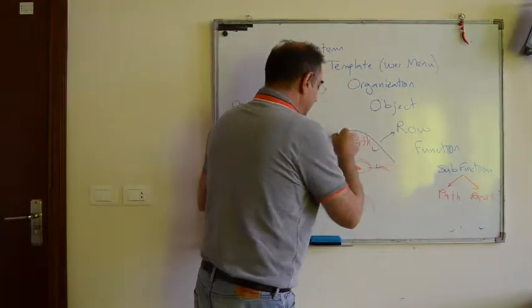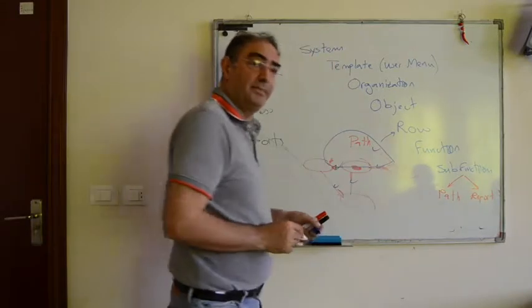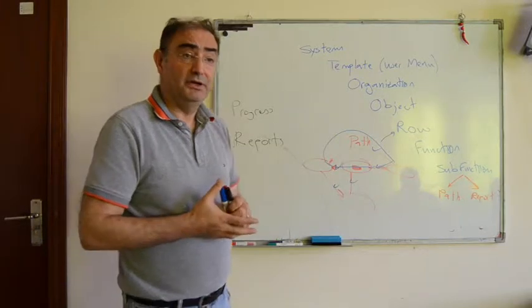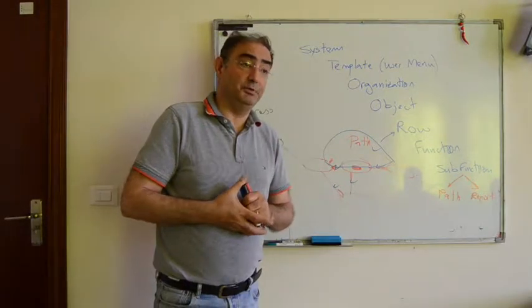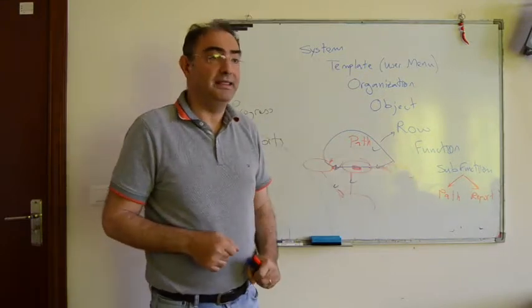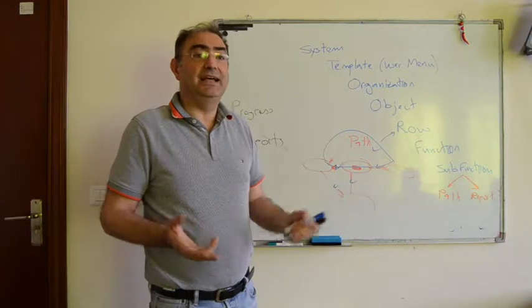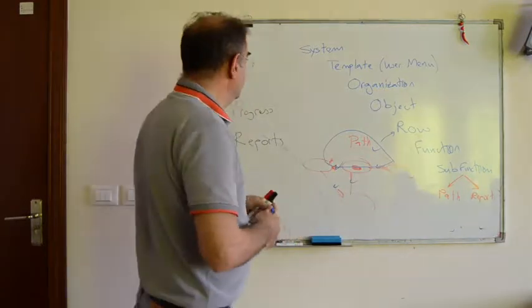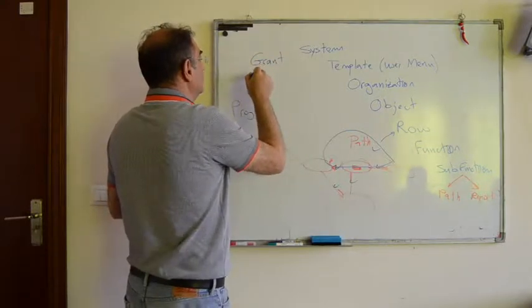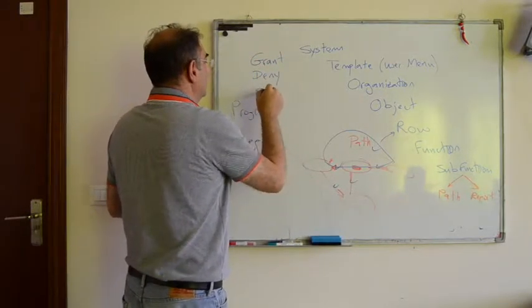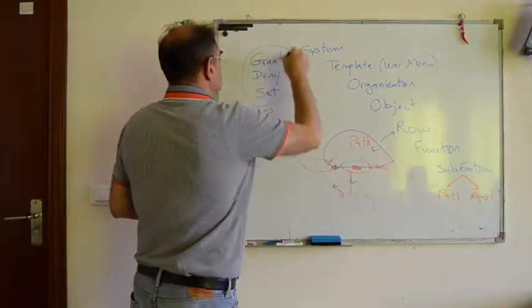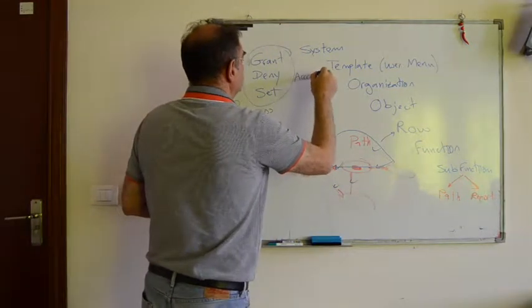When we follow a status path, the Prosper would allow you, as a Prosper expert, not only to decide who can follow this path, but also to decide on something called grant, deny, or set access.